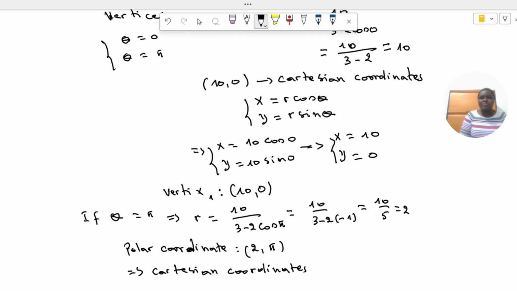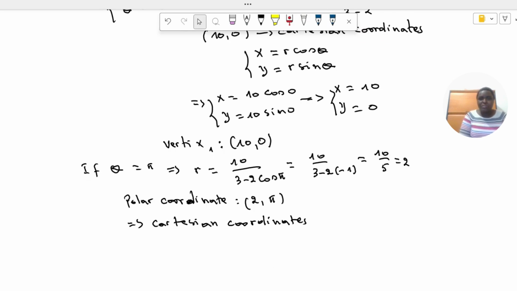We are going to use again the same transformations. We use the same formula, x equal r cosine theta and y equal r sine theta. And what are we going to get? We are going to get x equal to r, which is 2, times cosine of pi, and y will be equal to 2 times sine of pi.